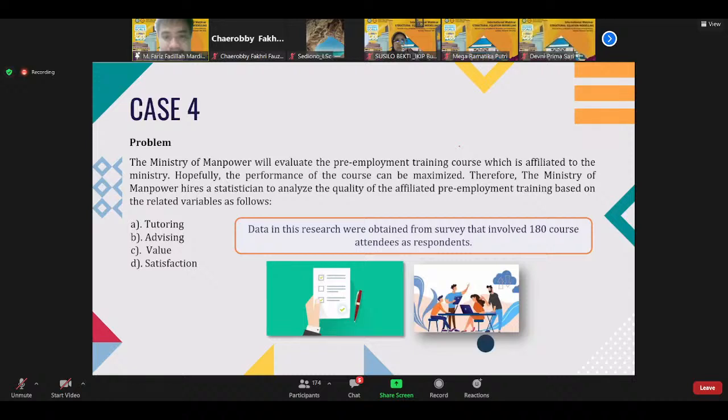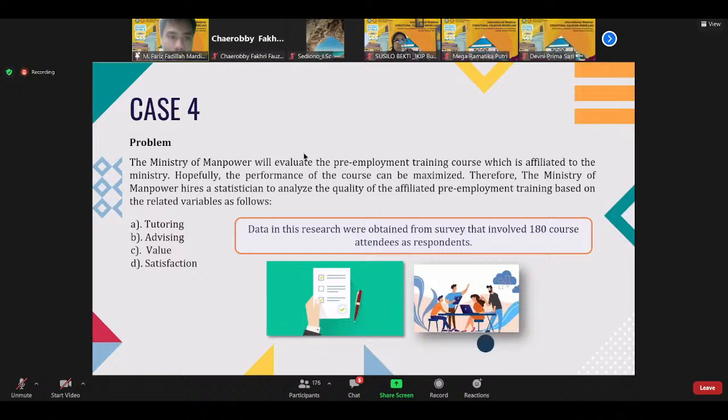Therefore, the Ministry of Manpower hires a statistician to analyze the quality of the affiliated pre-employment training based on the related variables as follows: tutoring, advising, value, and satisfaction. Data in this research were obtained from a survey of 180 course attendees as respondents in Indonesia.